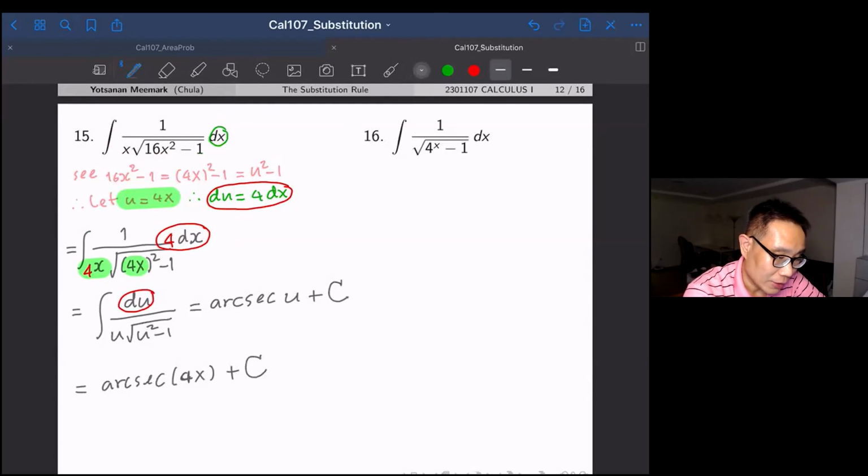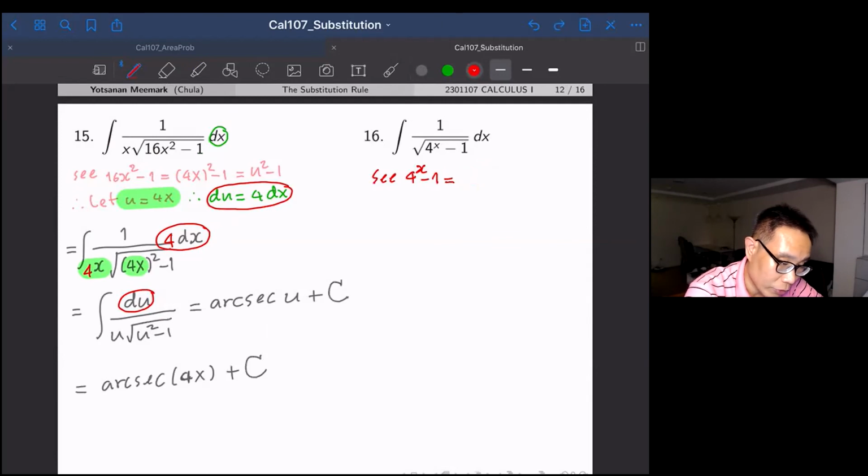Okay, last but not least, for this one you have nothing to see, you do not have a 4 to the x minus 1, and if you let u be 4 to the x minus 1, you go nowhere basically. The thing that you notice will be 4 to the x minus 1, and this can be written as 2 to the x. So this is going to be 2 to the 2x, right?